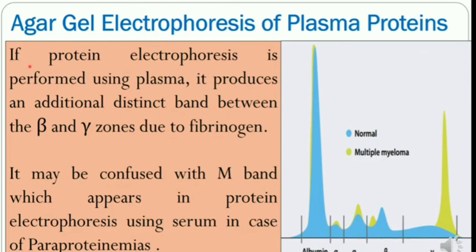So if protein electrophoresis is performed using plasma, it will produce an additional distinct band between the beta and gamma zones due to the fibrinogen. This band will look like the shape of M, and a similar band is also seen in patients having multiple myeloma, and it can be confused with the M band of multiple myeloma. So we have to be very careful in remembering whether we have chosen plasma or serum as the sample.